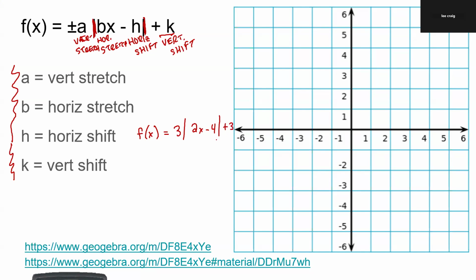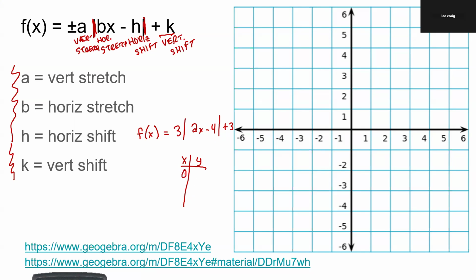Okay, and I want to graph this thing. Then we can do several things here. The first and probably the easiest thing is to just build a little table like we've always done. Pick some numbers, put them in here for x, and see what we get for y.